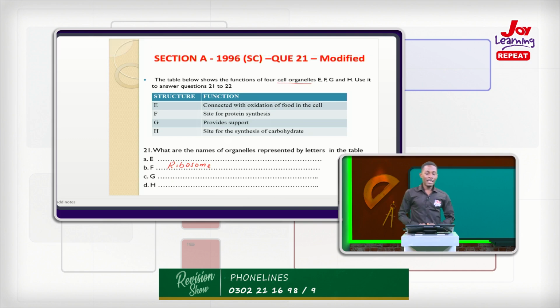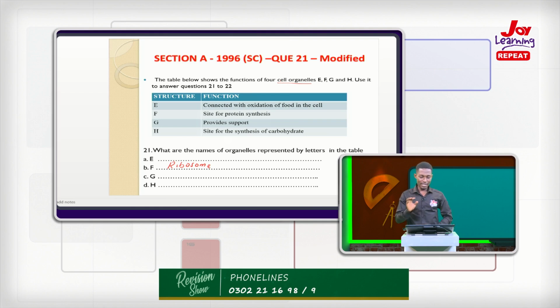Okay. Hello. Oh, we missed you. Wow. I want you all to help so that we fill up this space here. 1996. This question was question 21. We've modified it. The table below shows the function of 4 cell organelles.